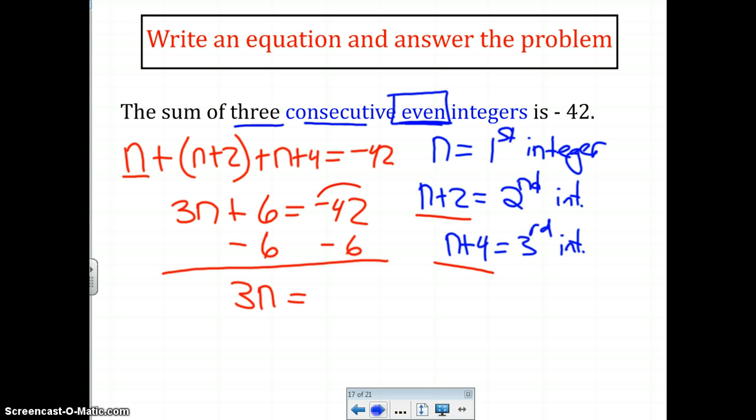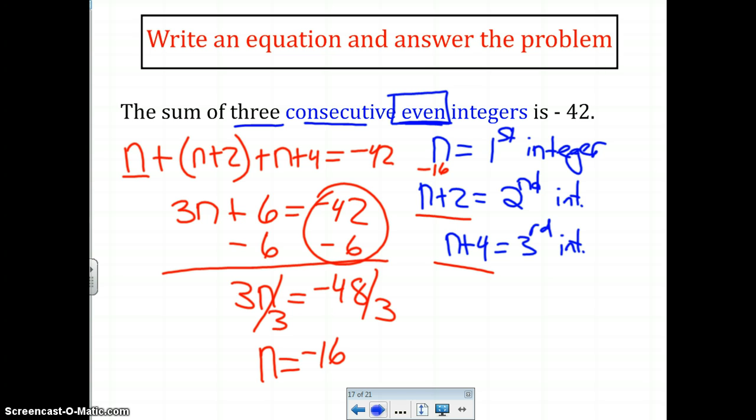I need to keep in mind here I have a negative minus a positive, so I get to -48. At this point I can divide by 3, and the first integer, n, equals -48 divided by 3, or -16. So n is -16.